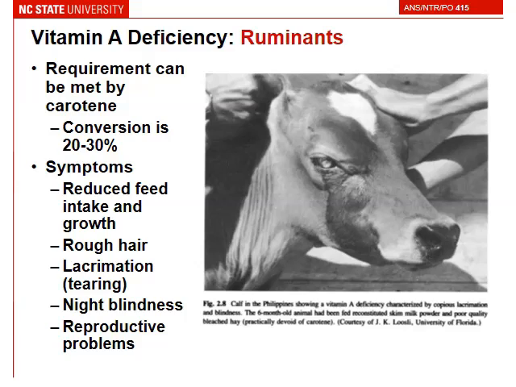Ruminants can also get vitamin A deficiency. They can meet the requirements with carotenoids, and they're able to convert about 20 to 30%. But remember that vitamin A is the least stable.